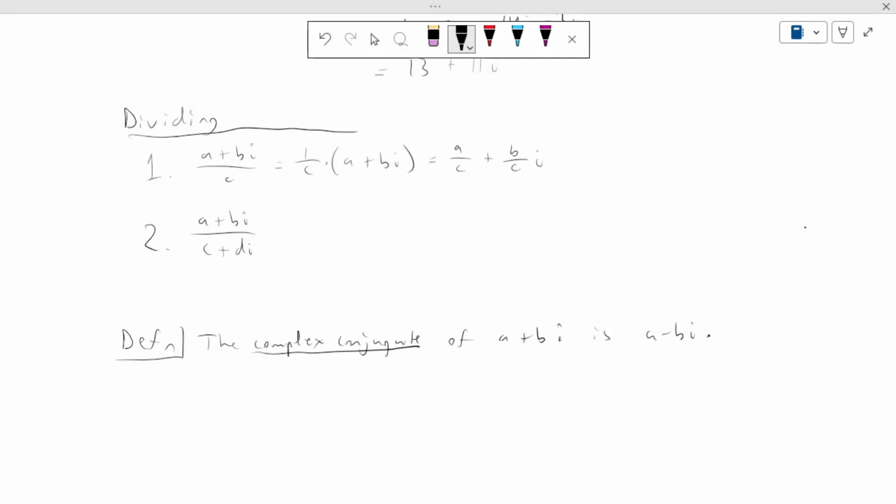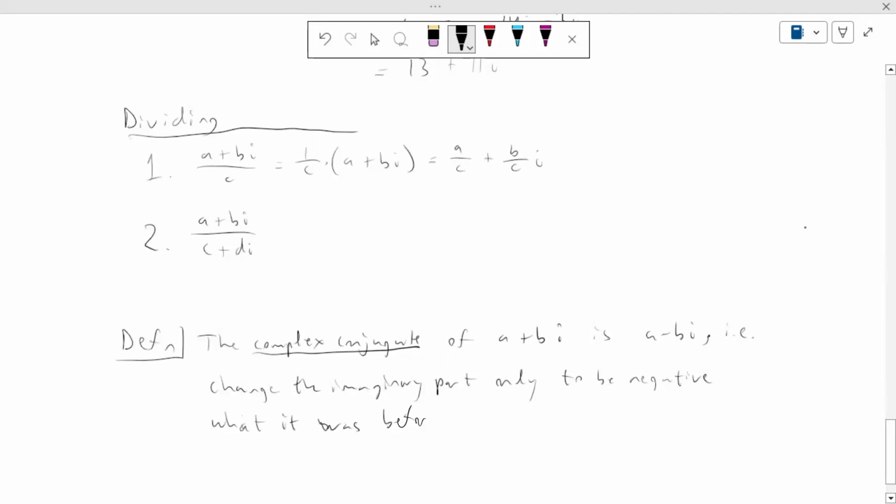Let me write that down, i.e., change the imaginary part only to be negative what it was before.